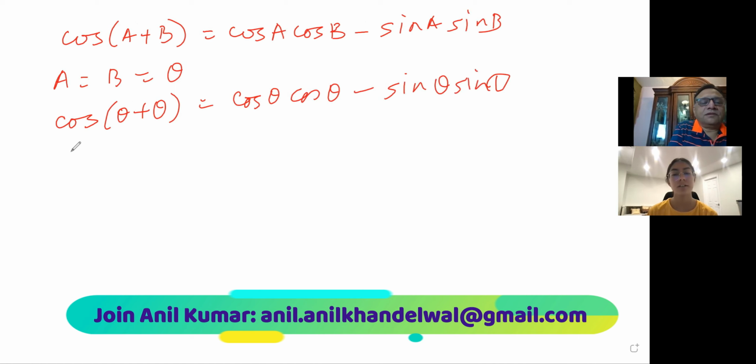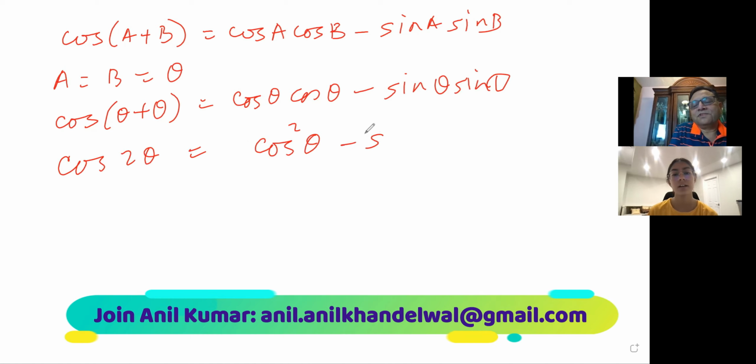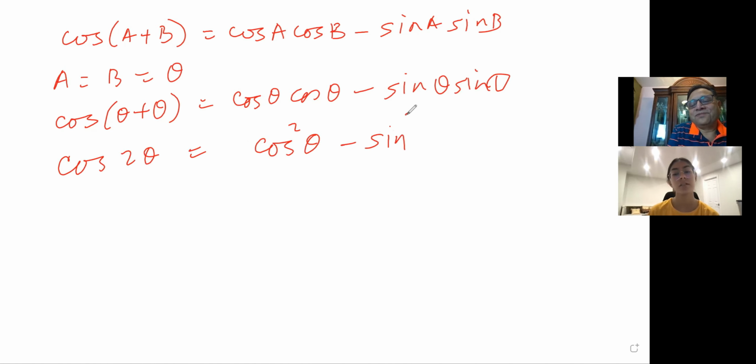So cos 2 theta is cos squared theta minus sine squared theta, since cos theta times cos theta is cos square theta, and sine theta times sine theta is sine square theta. That gives me a double angle formula of cos 2 theta, which is cos square theta minus sine square theta. Is that correct? Okay.